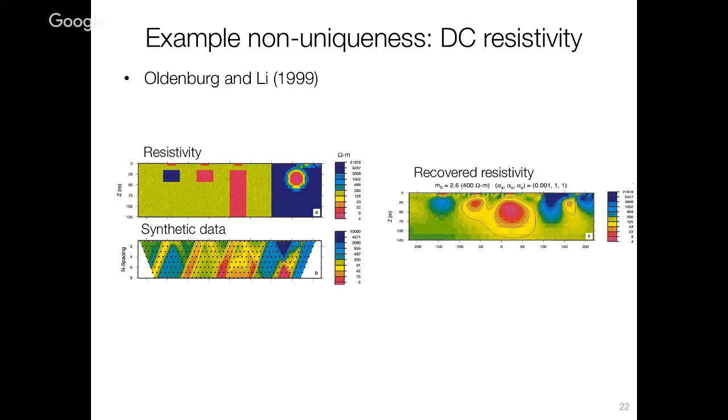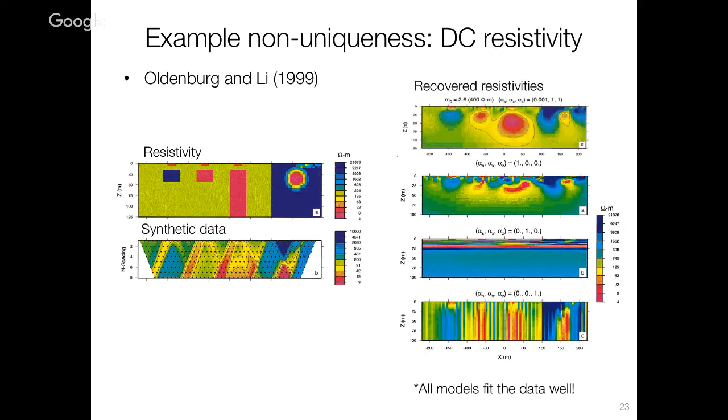I'm going to show you on the next slide the results of changing a few parameters, and you can start to get an idea of what non-uniqueness could look like in a non-linear problem. We're going to show this one and just three other models. Those models are all going to reproduce the data. If you look at it by eye, the predicted data are going to be exactly the same as that.